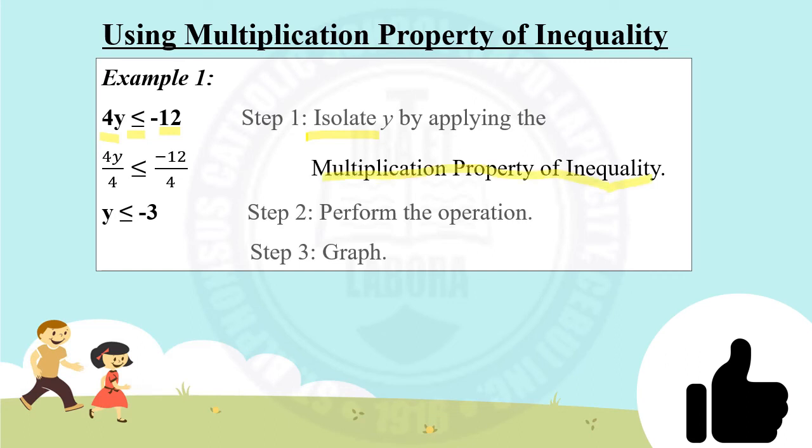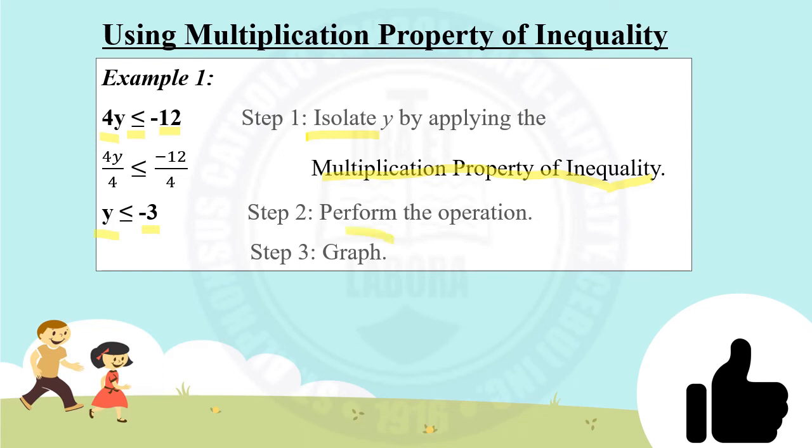So 4y will be divided by 4, or 4y times 1 over 4, less than or equal to -12 over 4, or -12 times 1 over 4. 4y over 4 is equal to y. -12 over 4 is equal to -3. So y less than or equal to -3.